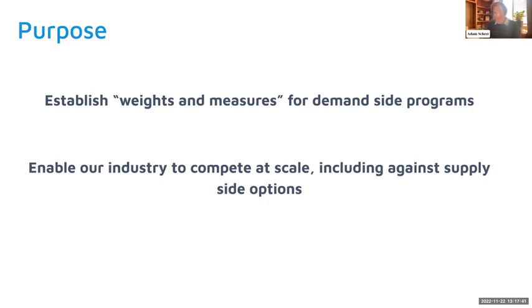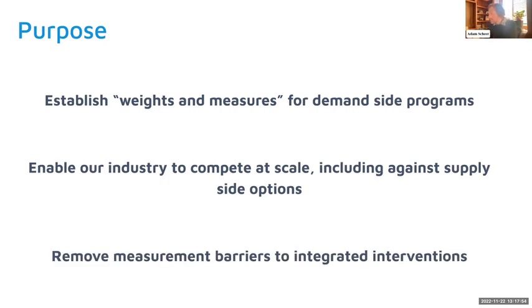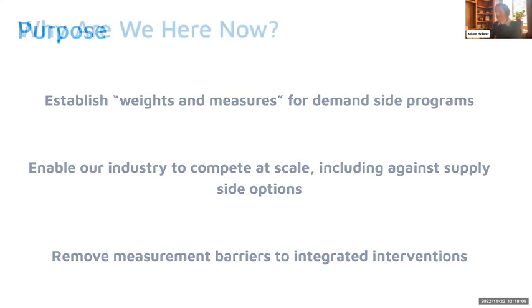It's just text in a law somewhere from the 70s, but we want to get it back to that point. We want to get efficiency, demand response, and other demand side resources at the table as legitimate and scalable. And finally, we want to remove barriers to measuring integrated interventions. The programs of the future are not going to look like the programs of the past.